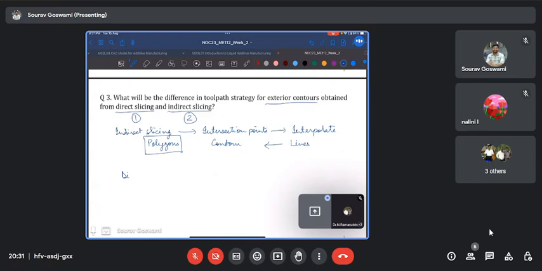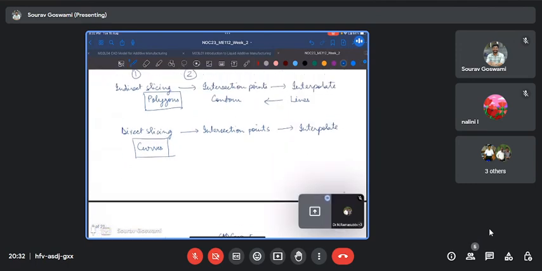Whereas in the case of direct slicing, where our final contour is actually made up of curves, again, when I slice it, I find the intersection points of each slicing plane with my geometry. And again, I interpolate between these points. But in this case, I cannot use lines.